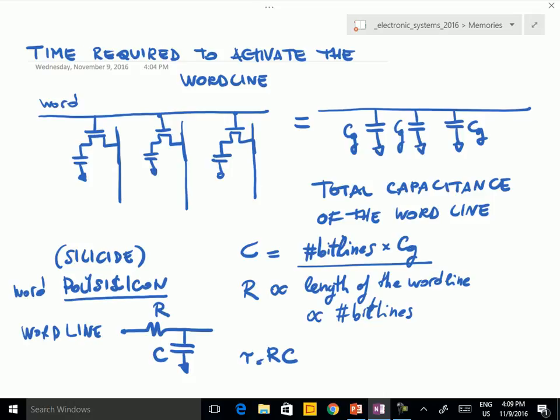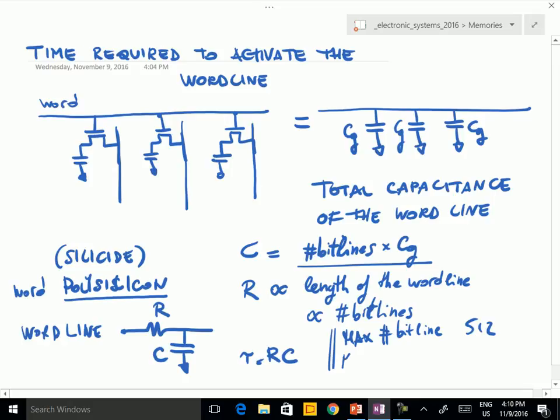And in practice, these two factors are limiting the number of bit lines to about 1,000. Typically, since they are all powers of 2, the max number of bit lines in practice is 512, and for the considerations of power, in practice also the maximum number of word lines is again 512.